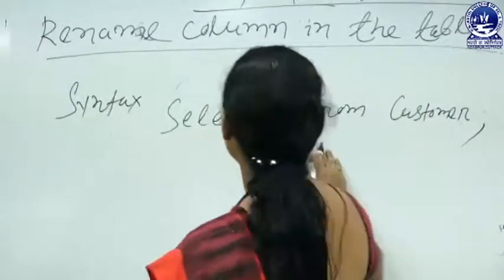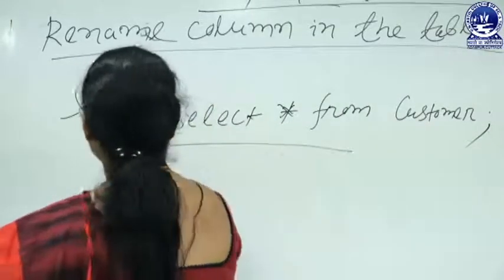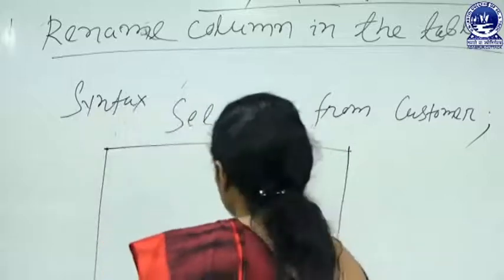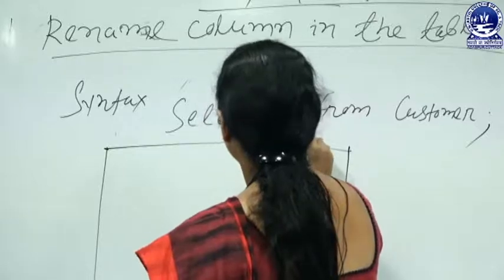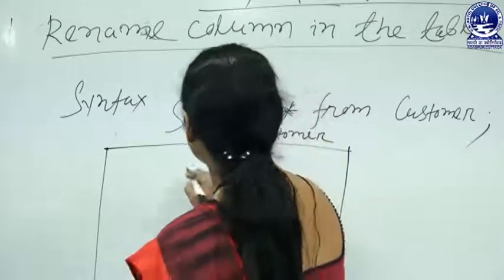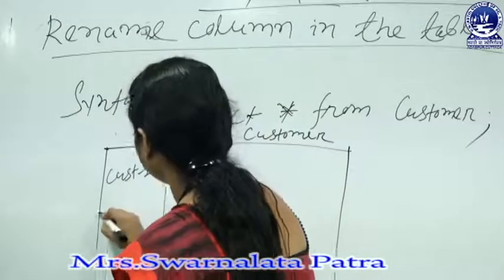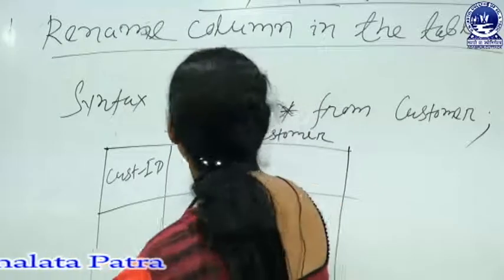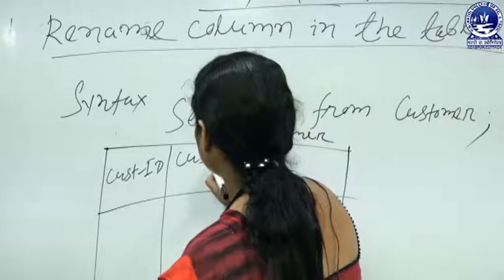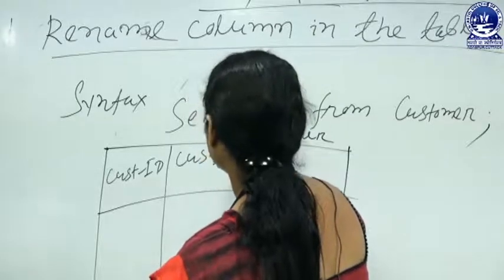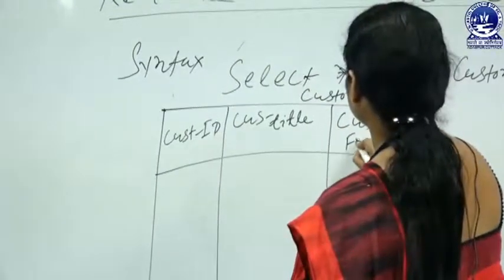The output will be: table customer, with columns customer ID, customer title, and customer first name.